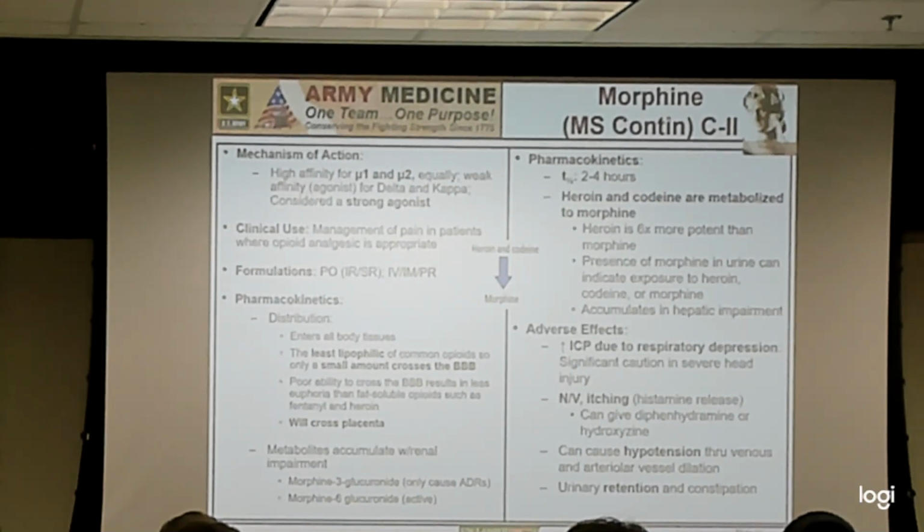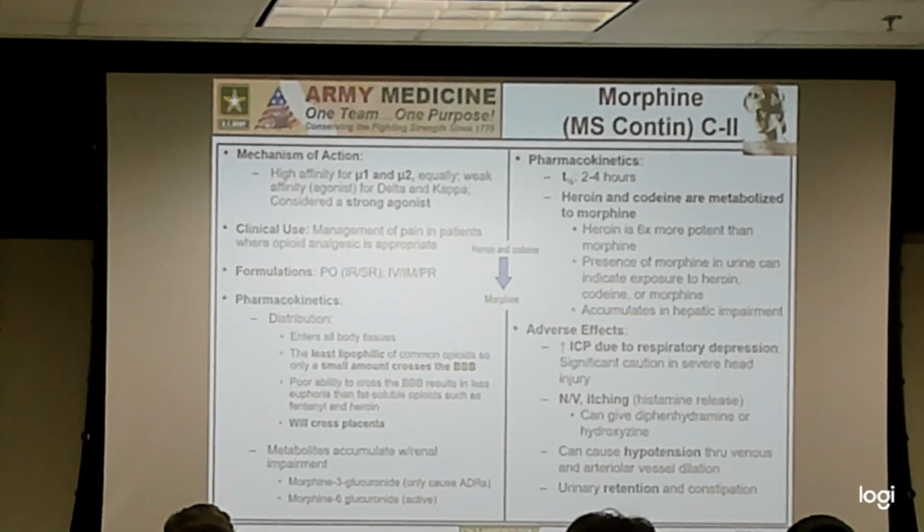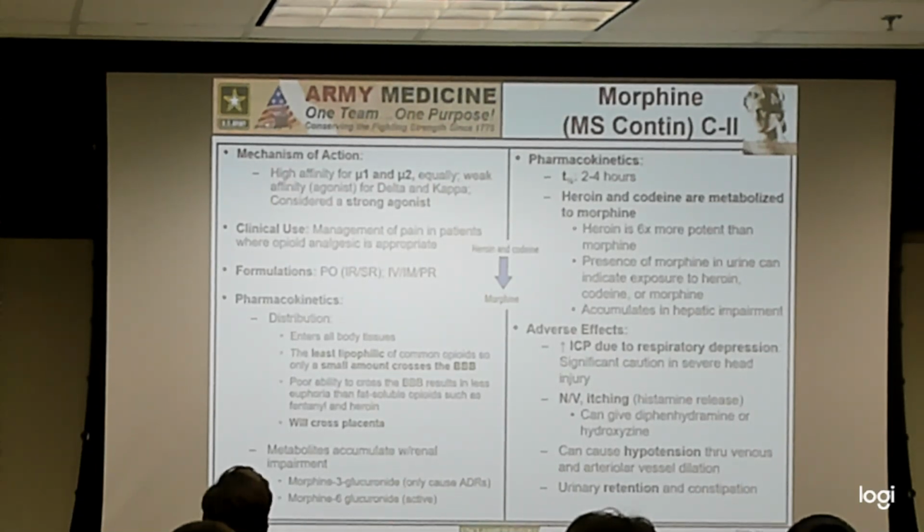The metabolites that we get, you have your M3 and your M6. The M3 is the one that has no actual activity. All it's doing is causing the side effects that we see when we're talking about morphine, whereas M6 is giving the activity of what you're expecting to see from your morphine. So of course, if I have renal impairment, I'm going to have some accumulation.